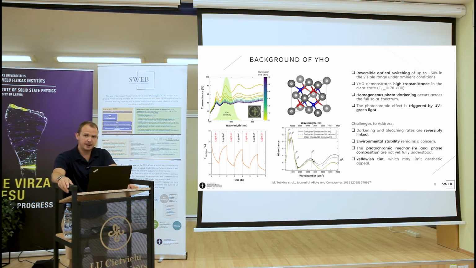That's why for yttrium oxyhydride it is called a color neutral effect, because no new absorption bands are formed, but the whole spectrum decreases. The problem is that the material absorbs quite a lot in the blue part of the spectrum, giving it a yellowish tint, which is kind of a problem at the moment.